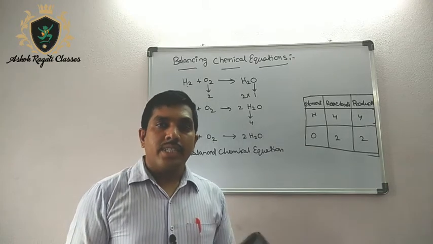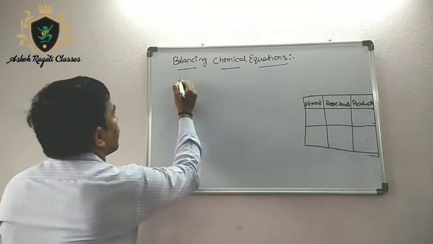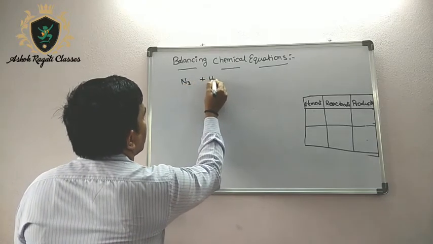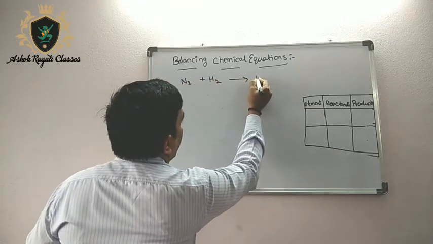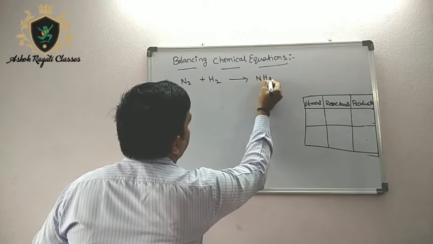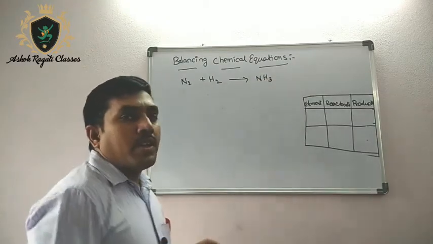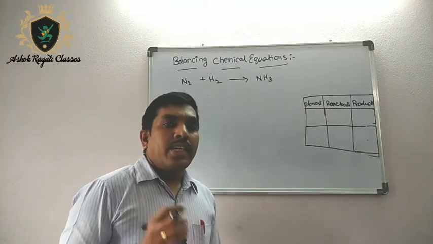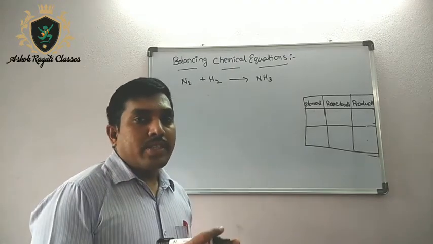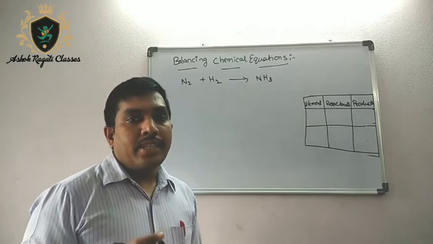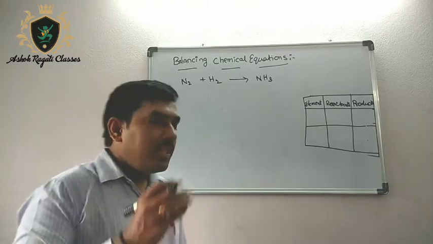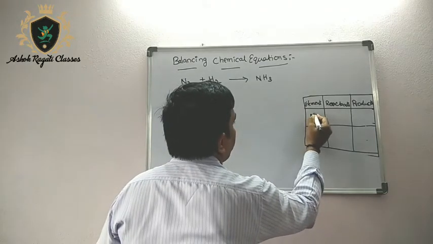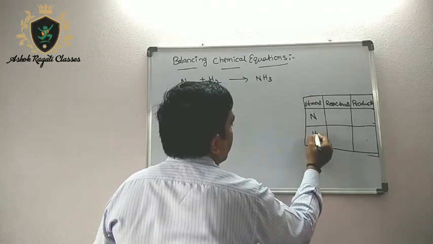Okay, let us take one more example. N2 plus H2 gives rise to NH3. We know that according to the law of conservation of mass, the number of atoms in reactants should be equal to the number of atoms in products. So now note down the elements in the table. Nitrogen is there, hydrogen is there.